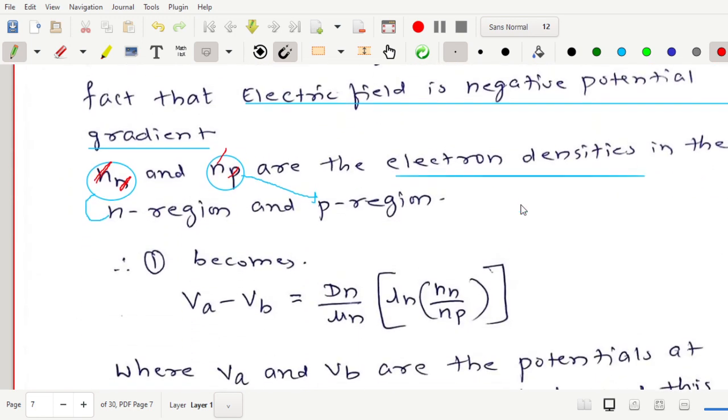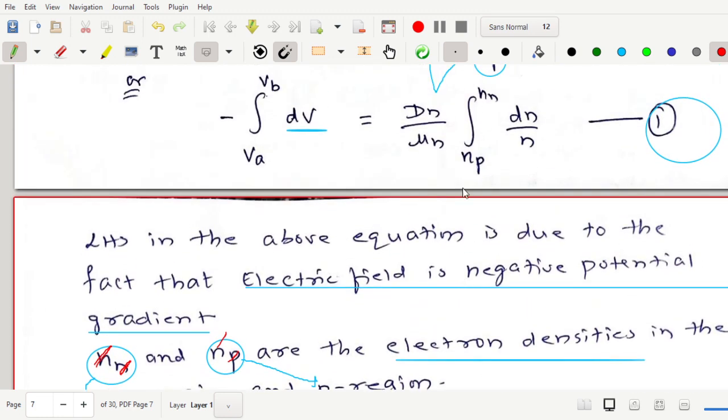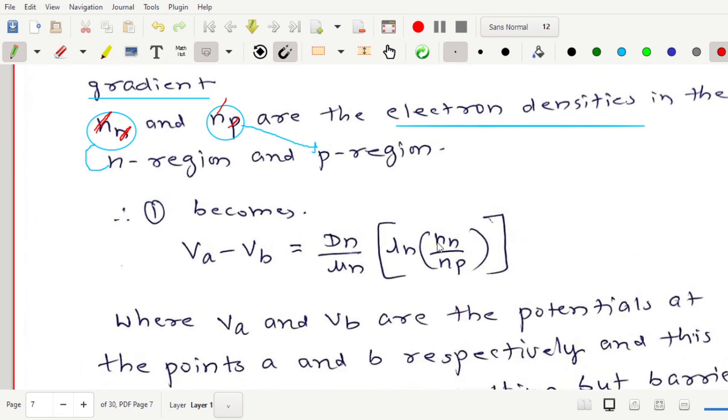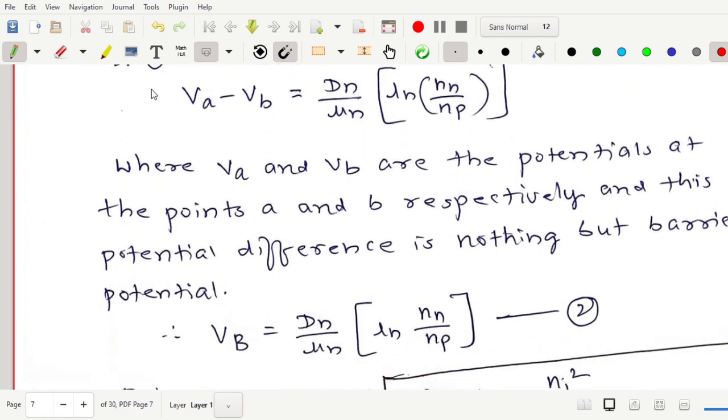The integration of 1 by n will be ln, then if we substitute the limits, we get ln of nn by np. Here Va and Vb are the potentials at the points A and B respectively, and this potential difference is nothing but the barrier potential.